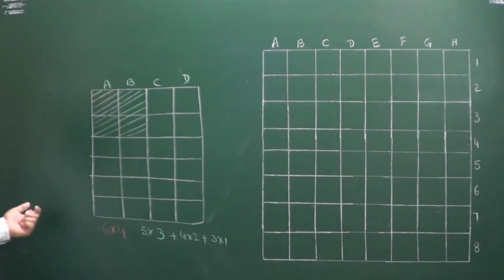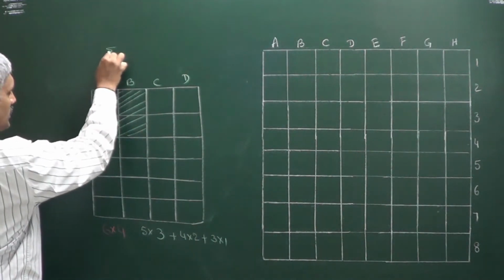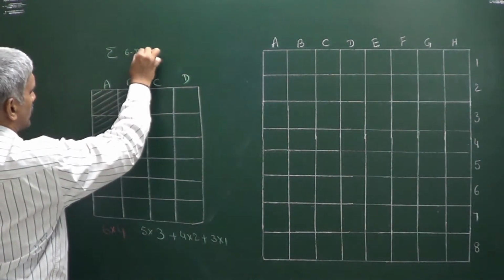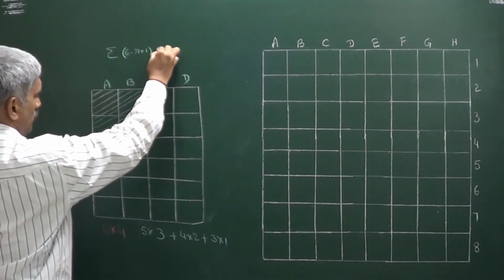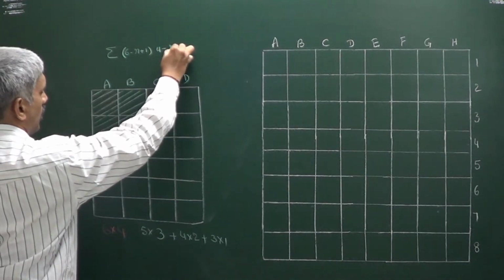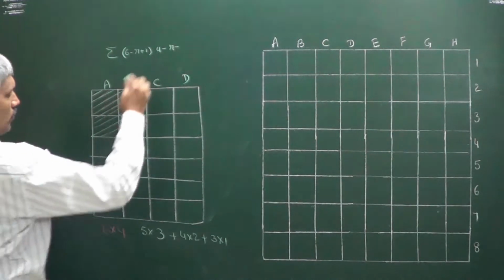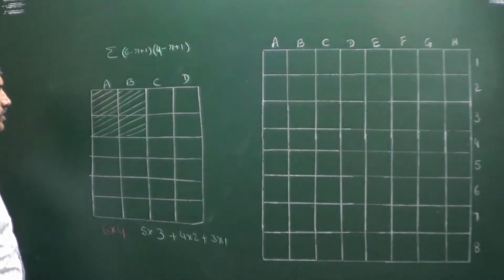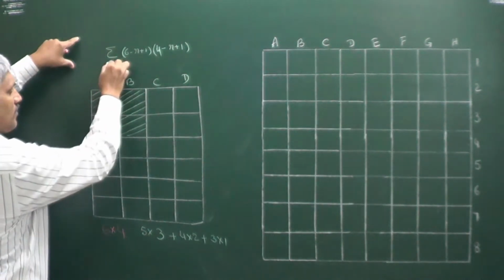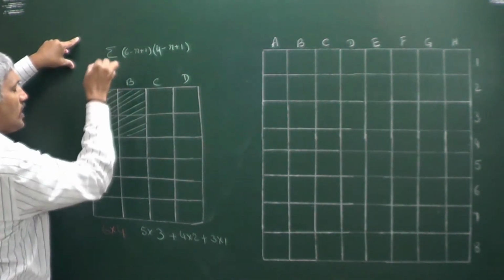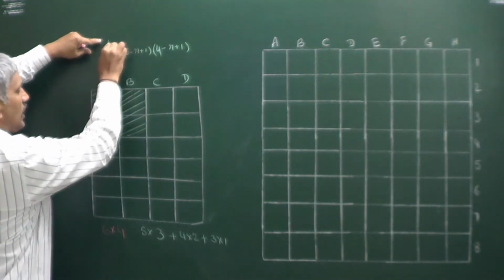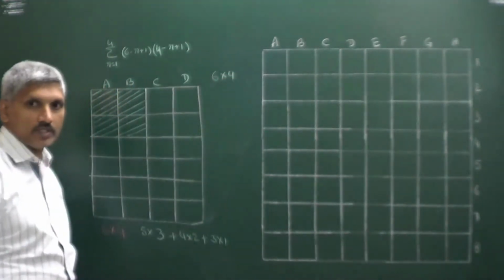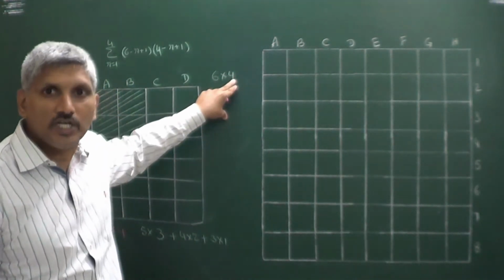That is the way. So the same we can write in summation like this: sigma of (6 minus r plus 1) into (4 minus r plus 1). The summation we have to run from r equals 1 to 4, because in a 6 by 4 grid, 4 is the least value.